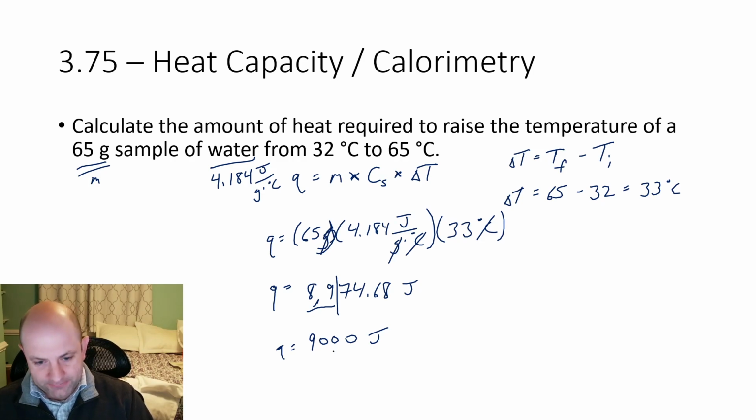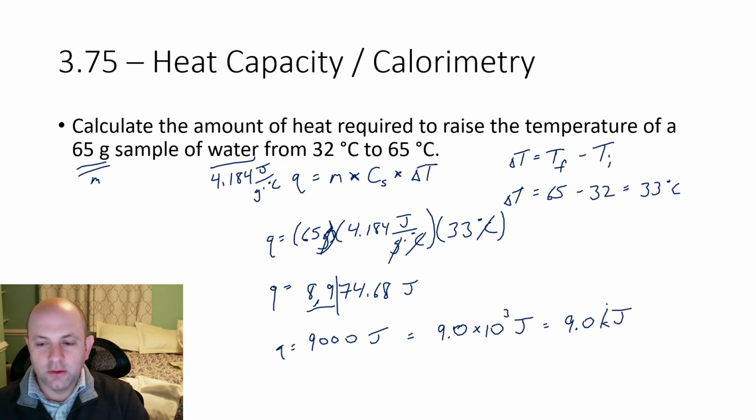There are 2 ways. I could use scientific notation and say this is 9.0, there's my 2 sig figs, times 10 to the third joules. Or I could use the metric system and say that's 9.0 kilojoules.